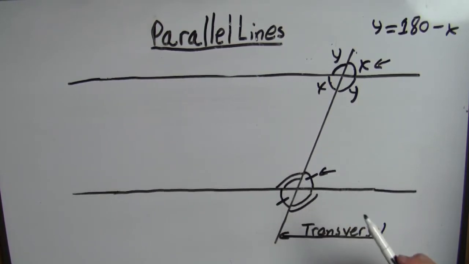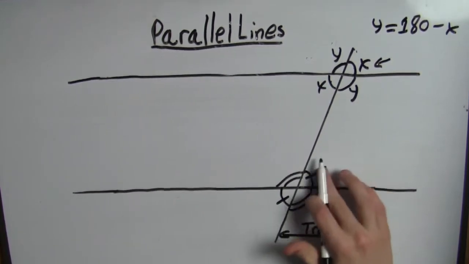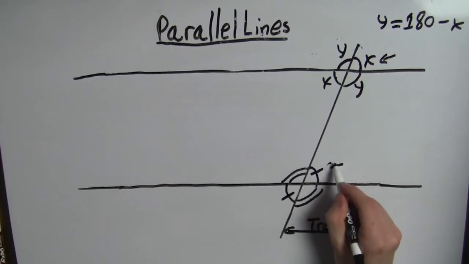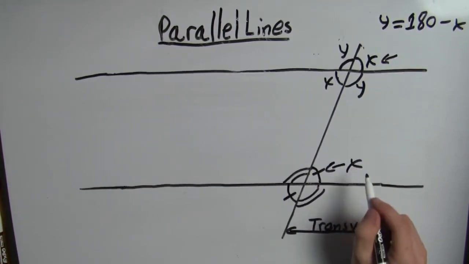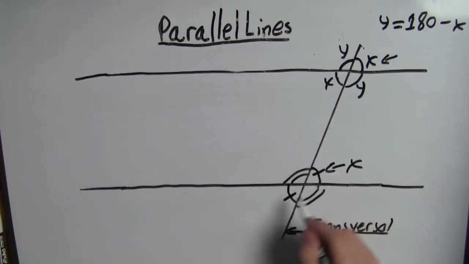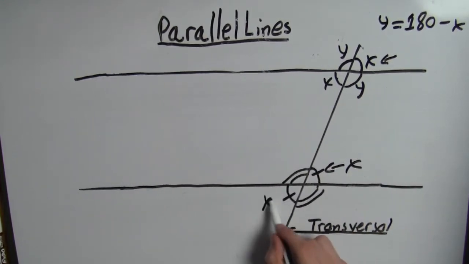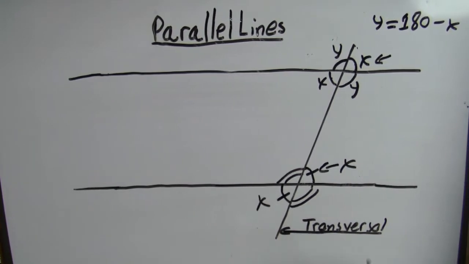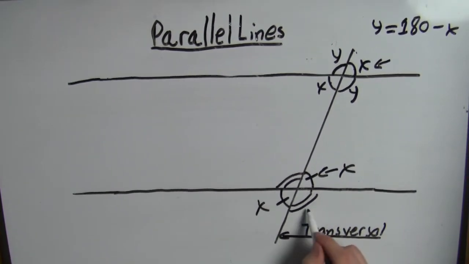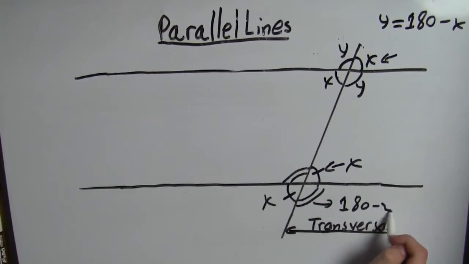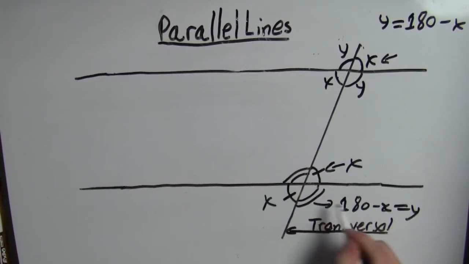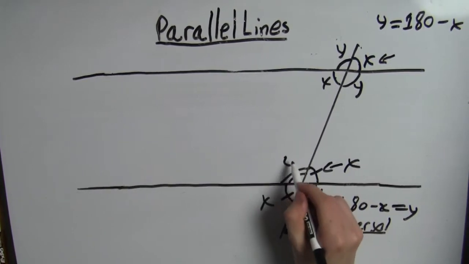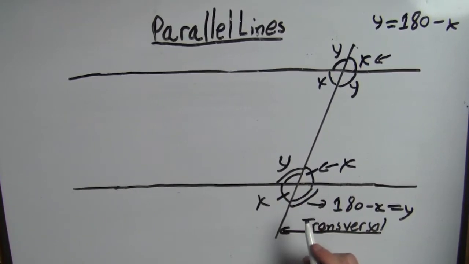The measure of that tilt is also going to be the same. So this is equal to x, which means, by vertical angles, this is equal to x. And since the measure of a straight line is 180, this right here equals 180 minus x, or y, and since these two angles are congruent, this equals y.